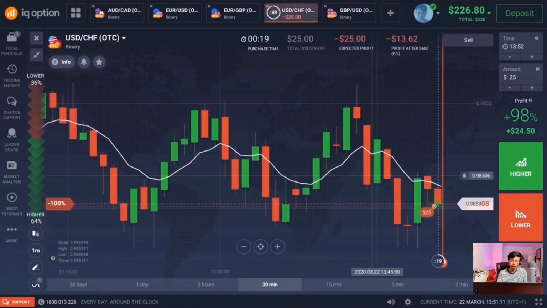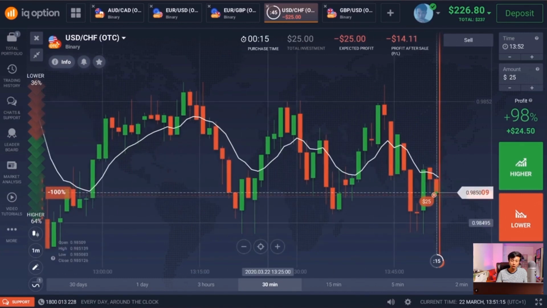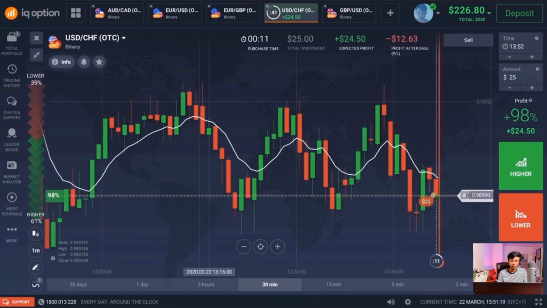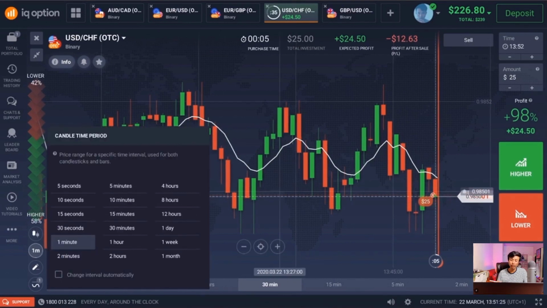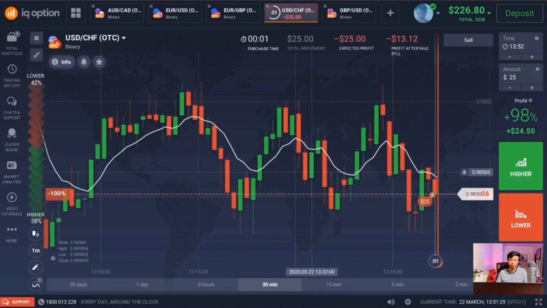I enter the price, but actually I entered a little bit late on this point. But anyway, you can see that once the price moves down and breaks the moving average, it means that it broke the support line.